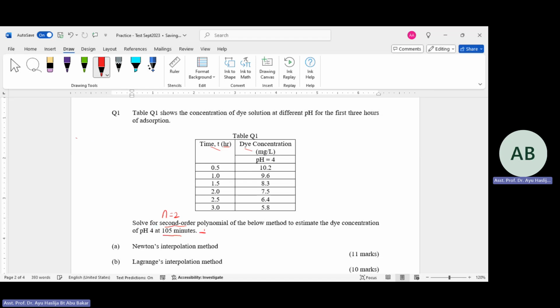So this is your x, 105 minutes. Okay, x equals 105 minutes, equivalent to how many hours? Because here it gives you hours. 1.75 hours.